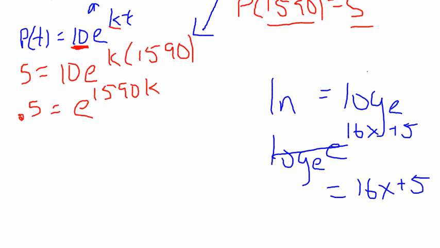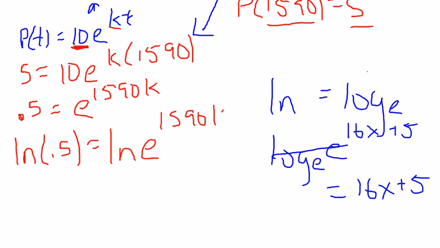I'm going to take the ln of both sides here. You should see what happens. I'll go back to red. ln of 0.5 equals ln of e to the 1590k.